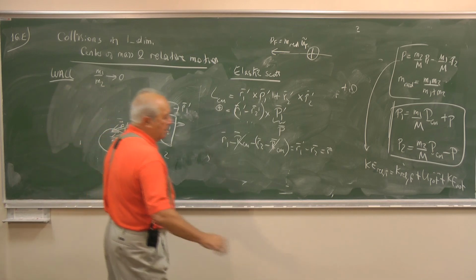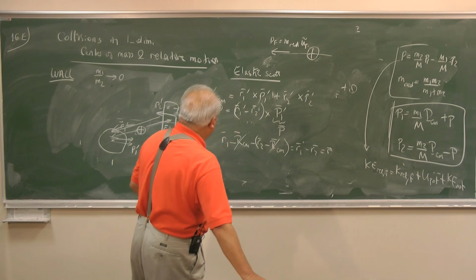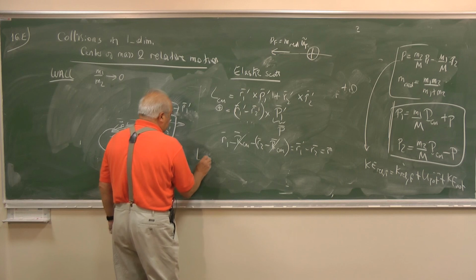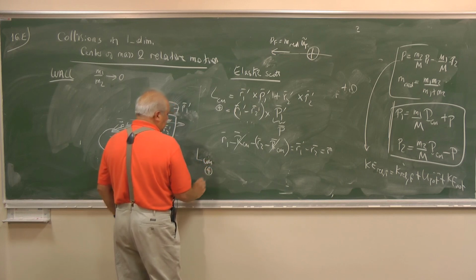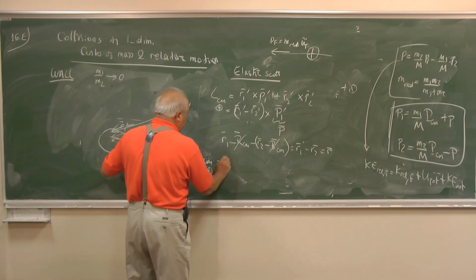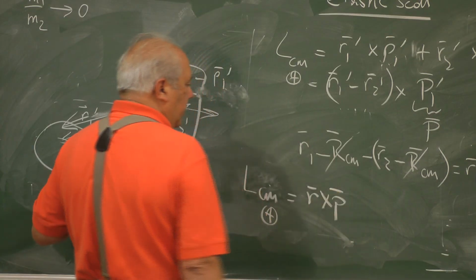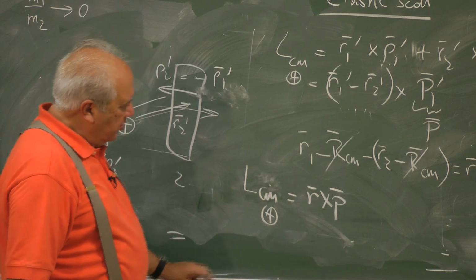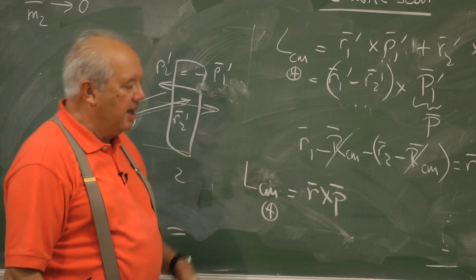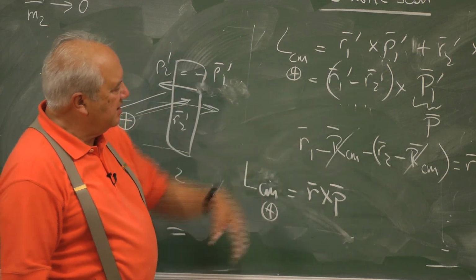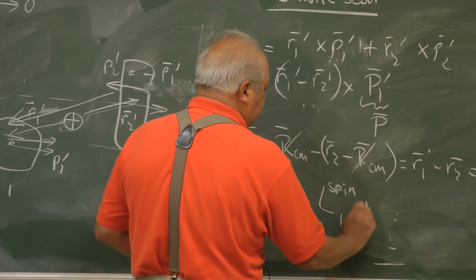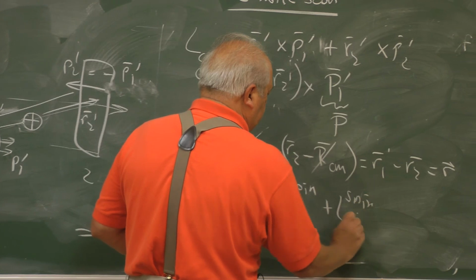So we have a very simple formula then. L central mass about the system's central mass is equal to R cross P. This is due to the orbital motion of the reduced mass, plus, I did not write it there, but plus L spin 1 plus L spin 2.